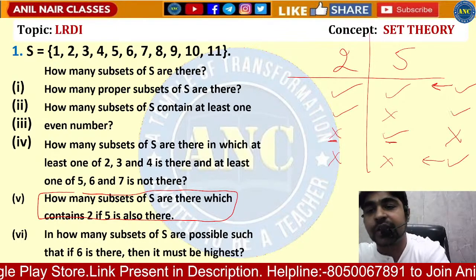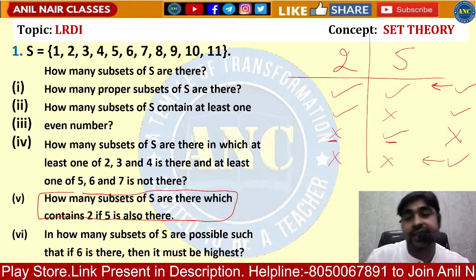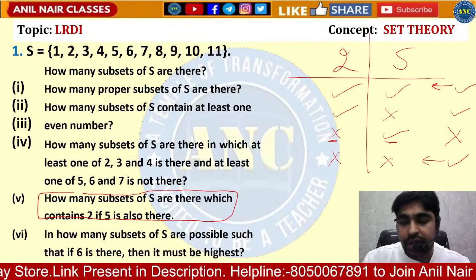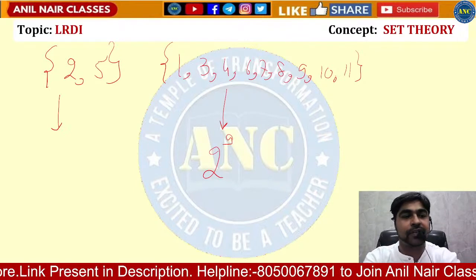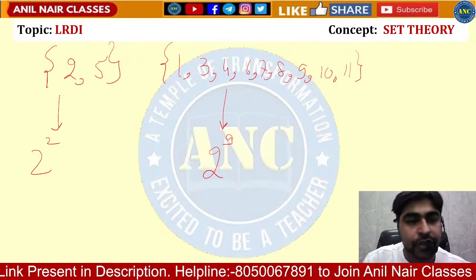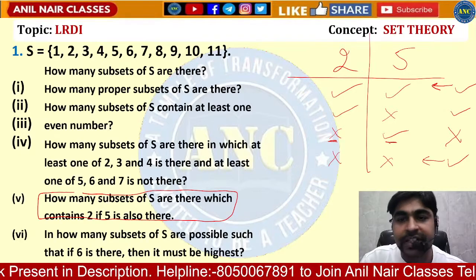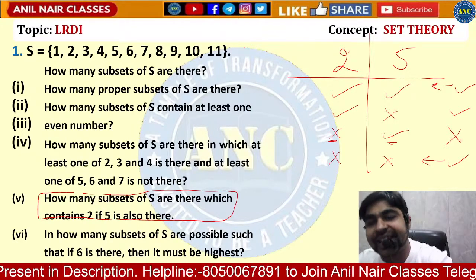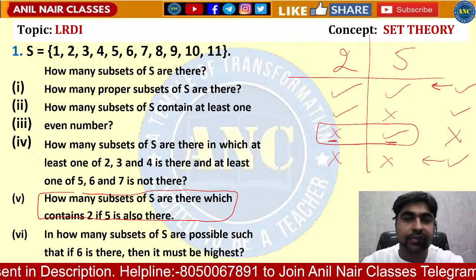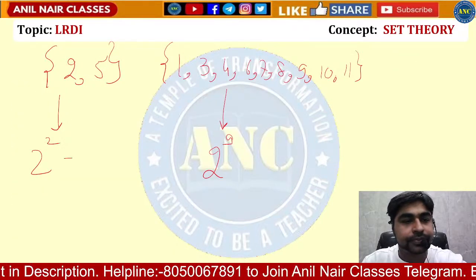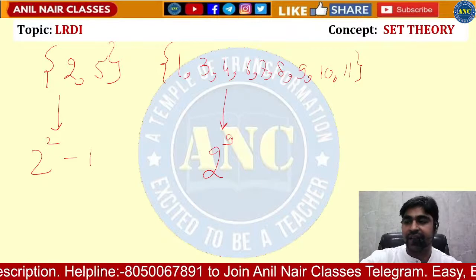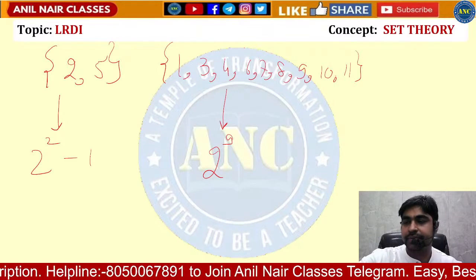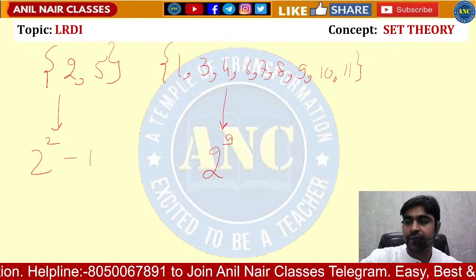If 5 is not there, 2 is there, that is possible, guys. So among these 4 options, this was 2 to the power of 2. Which option could I not have taken? That was only one case.